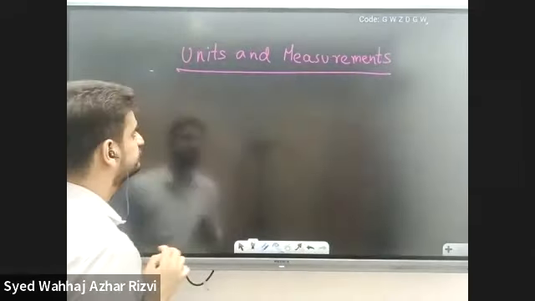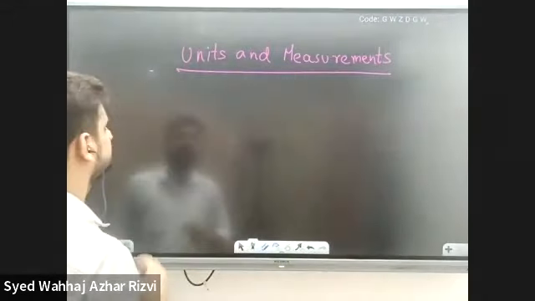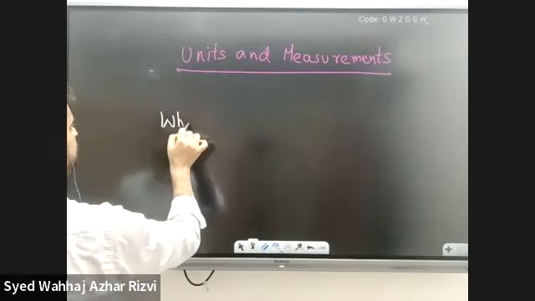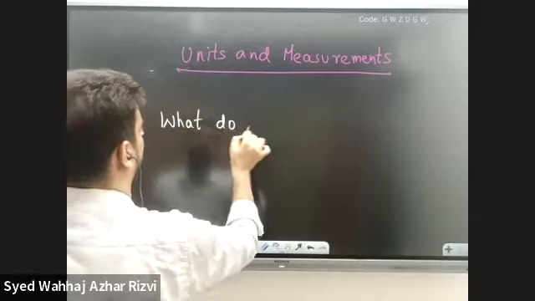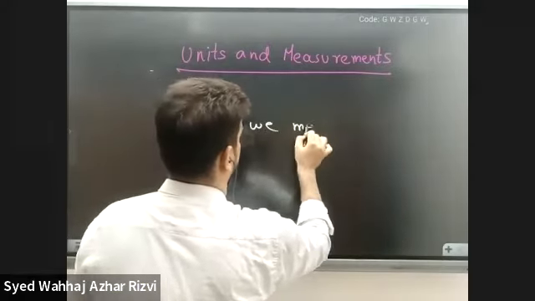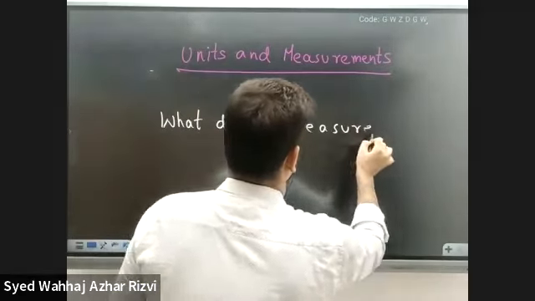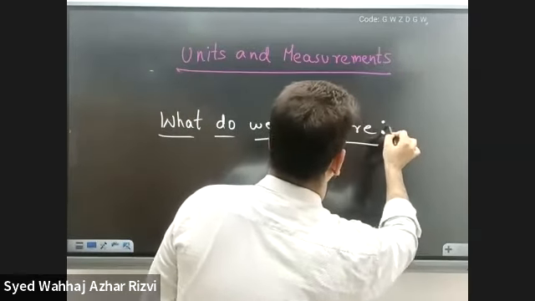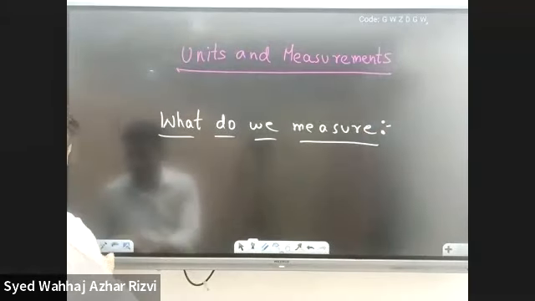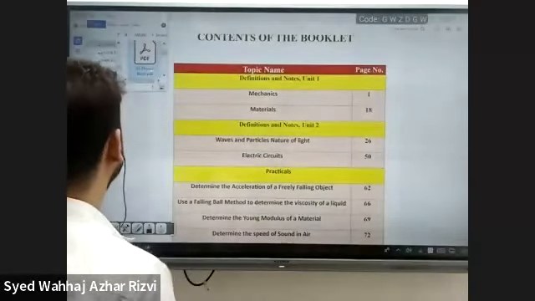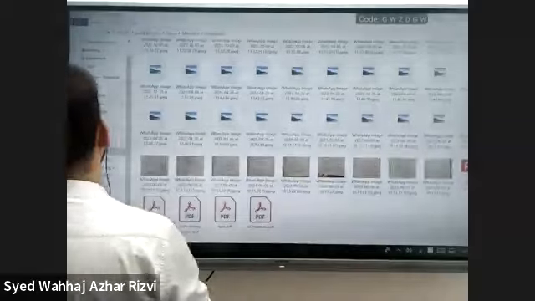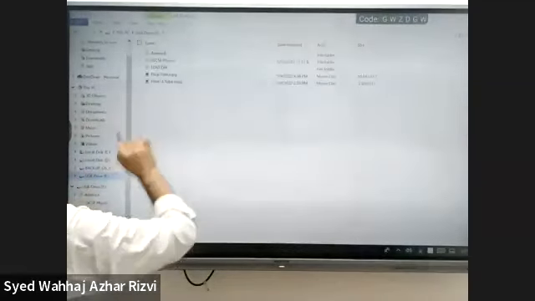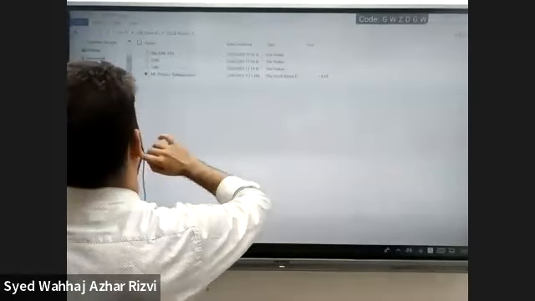So, first of all, the first question that we are going to deal with today is: what do we measure? Because that is the first order of today, that we have to understand the different kinds of units and measurements that we are going to deal with. So we have different booklets here with us, and let's open one for reference.